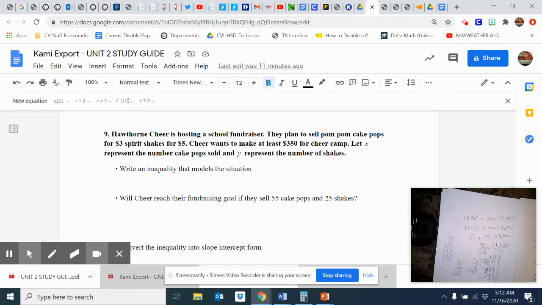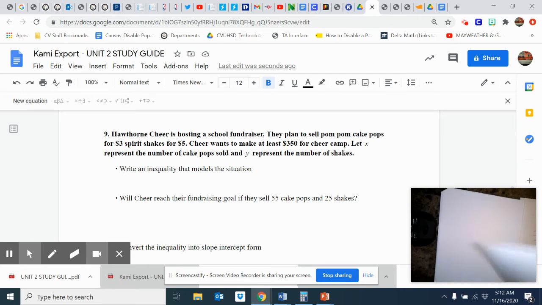The Hawthorne Cheer is hosting a fundraiser. They plan to sell pom pom cake pops for $3 and spirit shakes for $5. They want to make at least $350 per cheer camp. Let X represent the number of cake pops and Y represent the number of shakes.